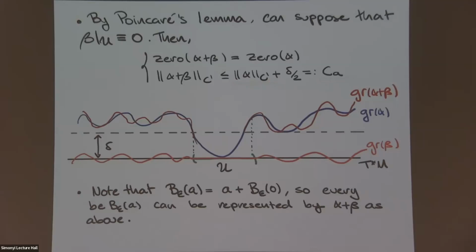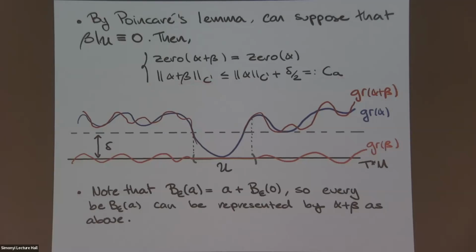But note that an epsilon neighborhood of the class A is just A plus an epsilon neighborhood of the origin. So every cohomology class here can be written as alpha plus beta in that same way, and by the same argument we can do it in a way where the zero set is the same and the C1 norm is bounded by C_A.